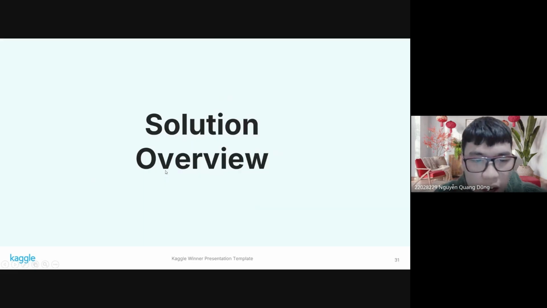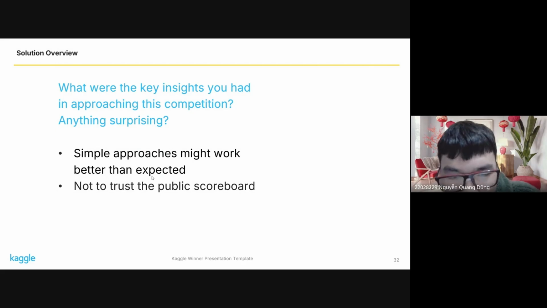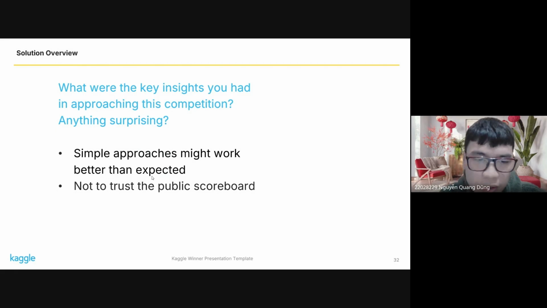Finally, here is an overview of our solution. One of the key insights we learned during this competition was that simple approaches can actually outperform more complex methods. It was surprising because our methods were quite basic and straightforward, and we did not expect much.